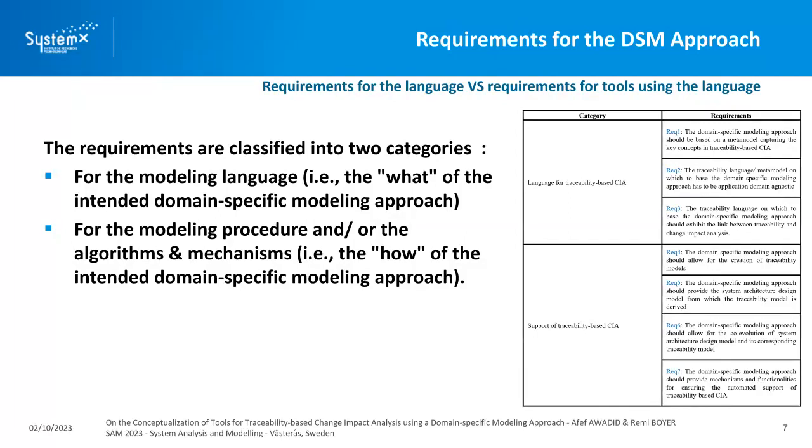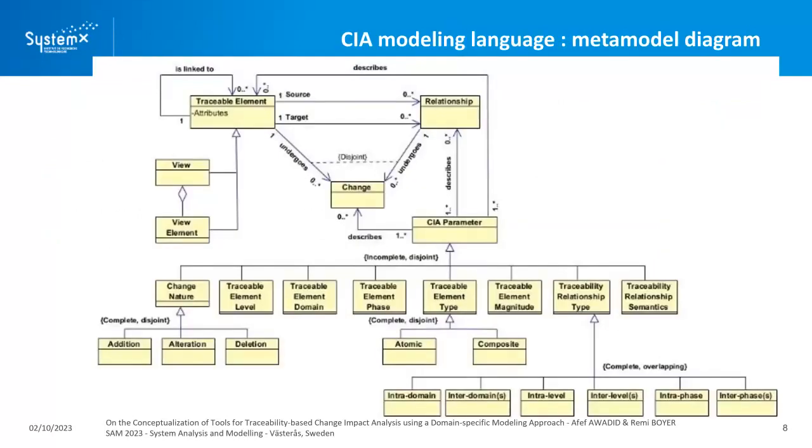And the first result is a metamodel of the modeling language. So the diagram is composed of two distinct parts. On the top, we have a traceability pattern. And on the bottom, we have an inheritance tree around what we call the CIA parameter.